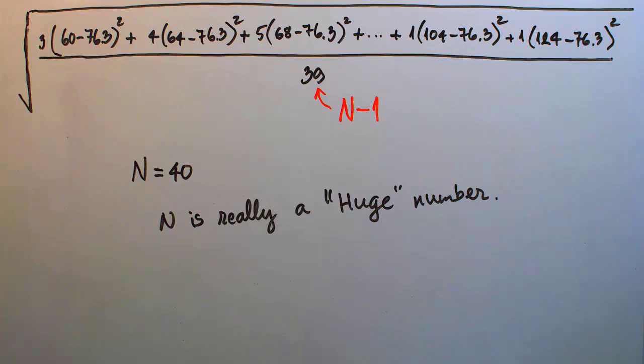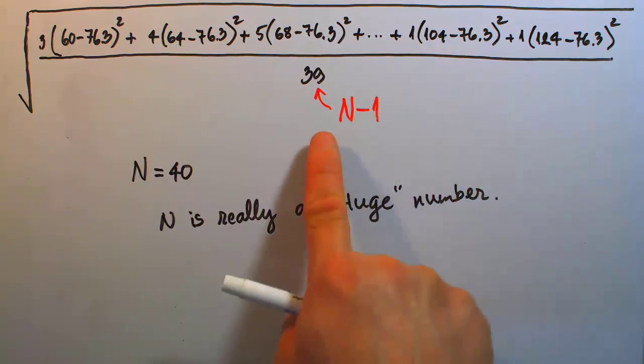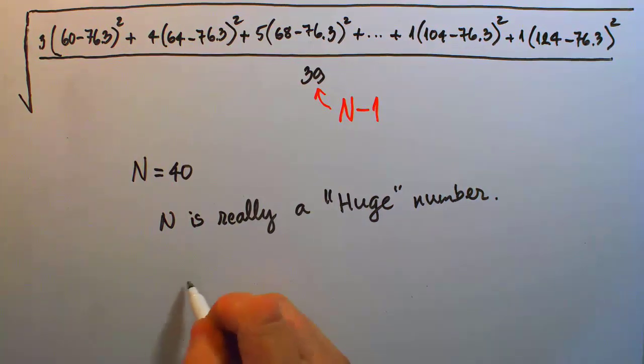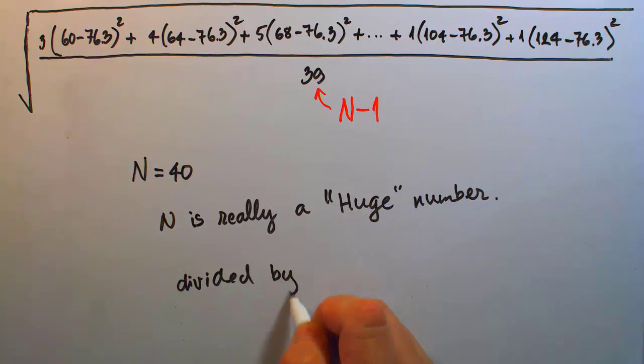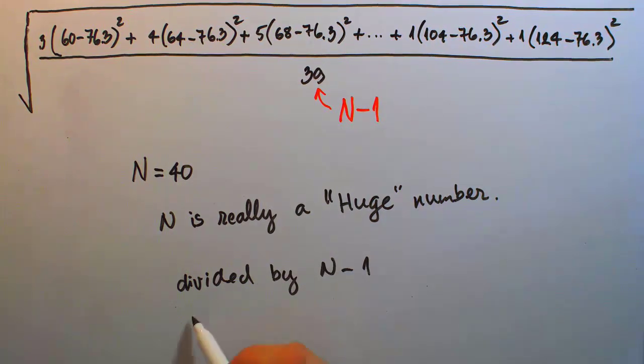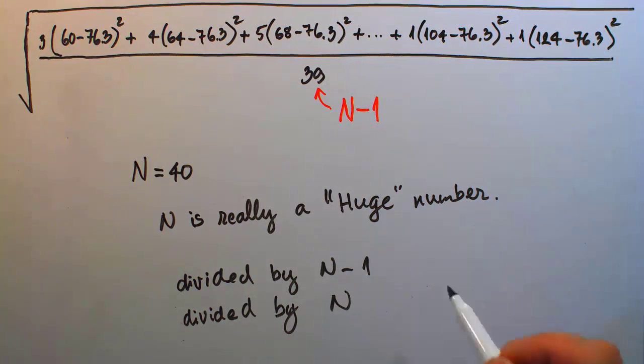And as we start having that imagination, when we really are working on a real population data where the population size is so big, the n number really is a huge number, then back to this sum of all the squares right here, if we divided by n minus 1 or divided by n, it will make almost no difference.